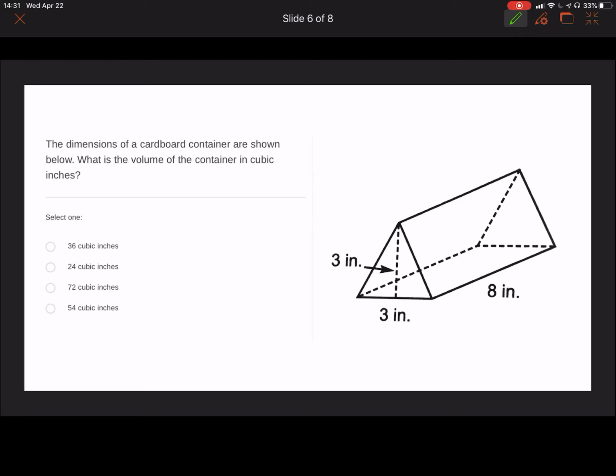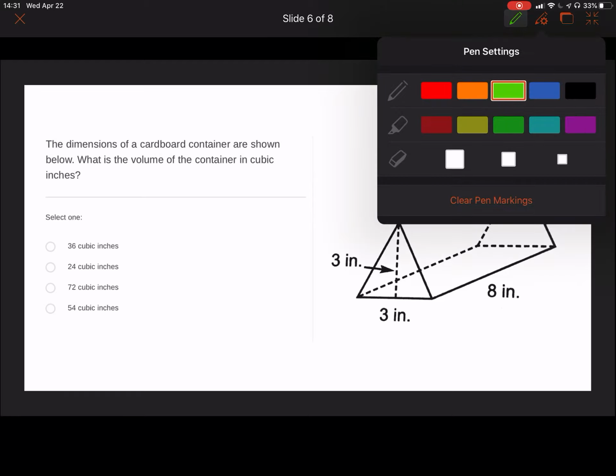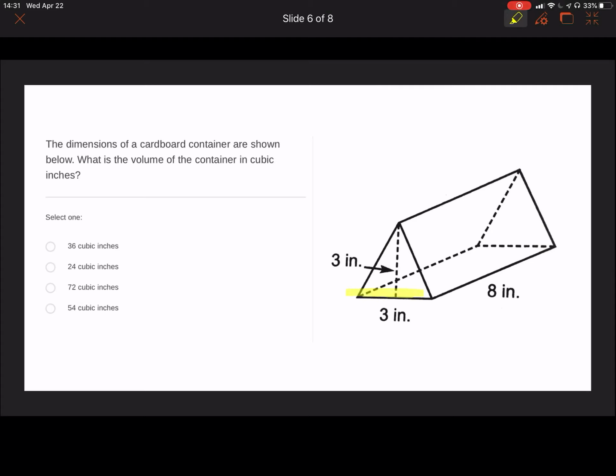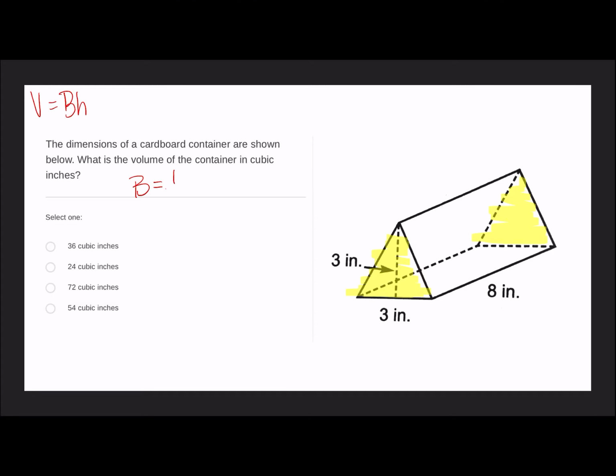Okay, so we move on to another example. Again, I'm going to highlight my bases so I know what shape we are dealing with. So again, it is a prism. So we are going to do big B times H. Big B is area of the base, and in this case, our base is a triangle again.